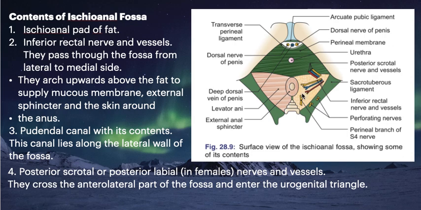The third thing is the pudendal canal with its contents. This canal lies along the lateral wall of the fossa. Then we have the posterior scrotal nerves and vessels, or labial in females. They are crossing the anterolateral part of the fossa, entering into the urogenital triangle.